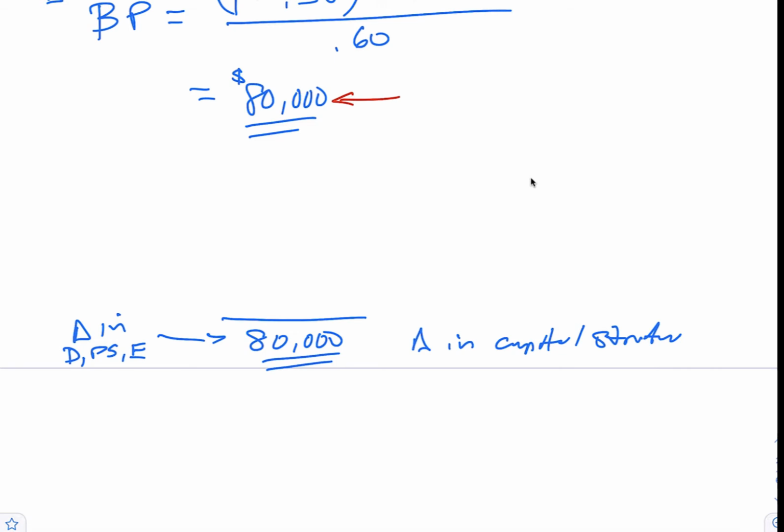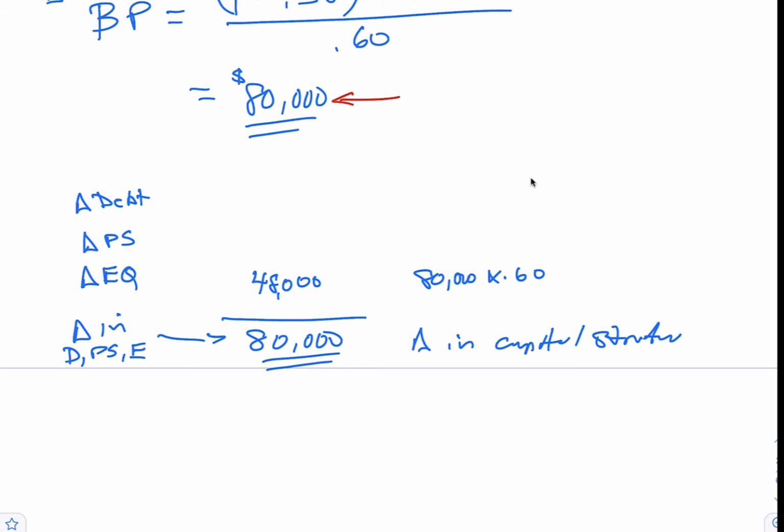Now, we know that this represents a change in equity, a change in preferred stock, and a change in debt. And so let's see what's going on behind the scenes. What we're going to do is take this 80,000 and multiply it by the target of 60% for equity. And this comes out to be $48,000.